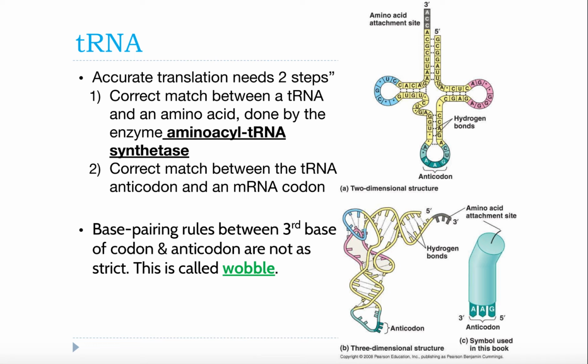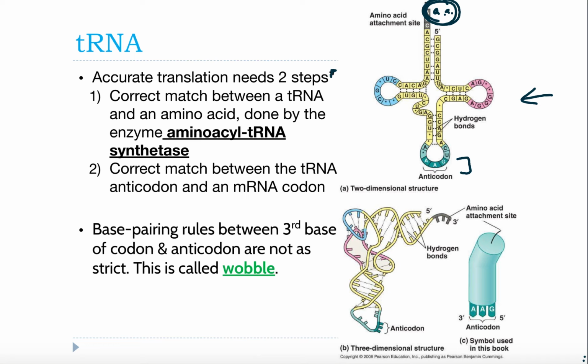Now, generally speaking though, basically the translation process occurs in 2 steps. First, you have this plain empty tRNA with its anticodon, and then the aminoacyl tRNA synthetase's whole job is to find the correct amino acid and hook it onto the tRNA. All right? And then once that amino acid is hooked onto the tRNA, it's ready to be floating around.